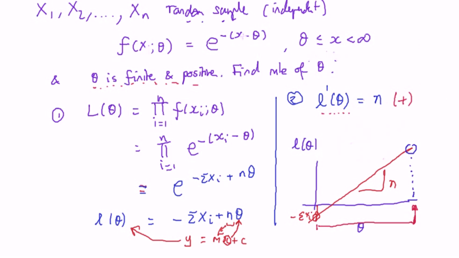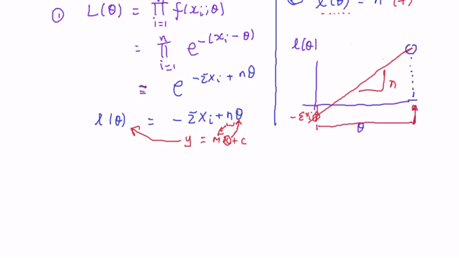So let's finish this question off, and then I'll talk about it generally again. The solution is to get the maximum of the log likelihood, we need theta to be as large as possible.